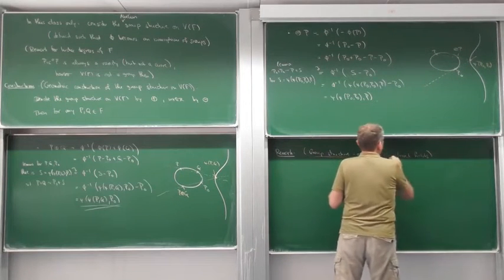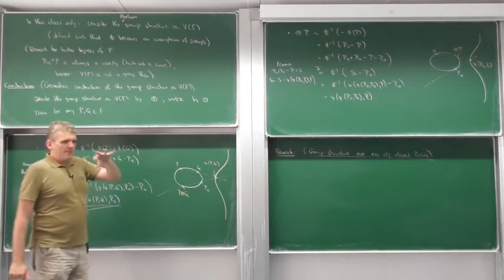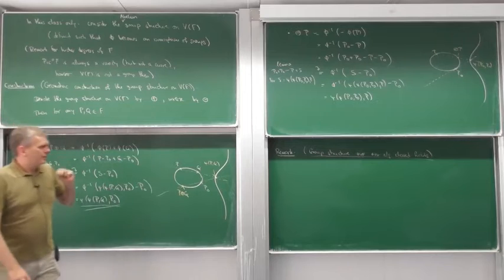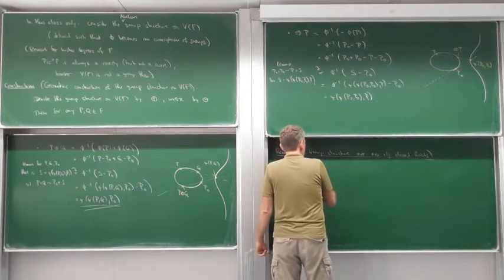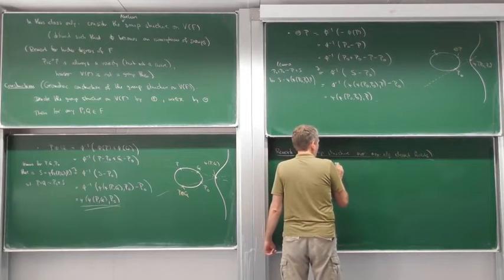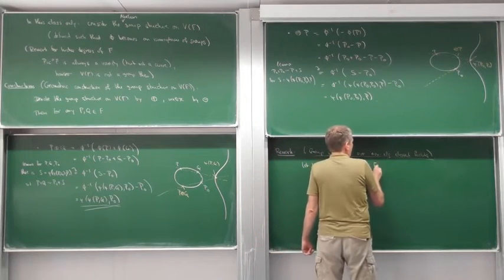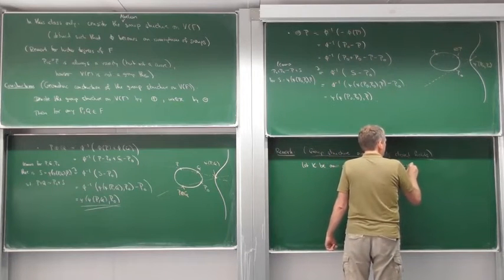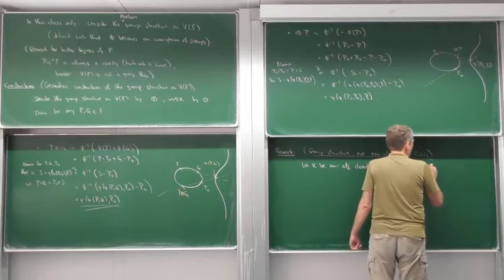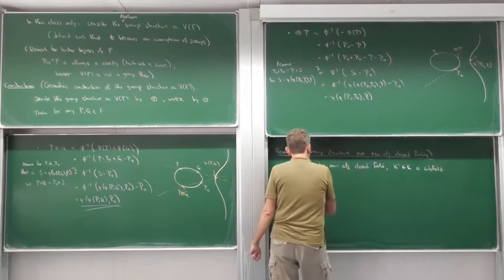Basically, the upshot would be that it exists as well. So let's come from the thing that we know. Say let K be an algebraically closed field, and K prime, say, a subfield, which is not necessarily algebraically closed.